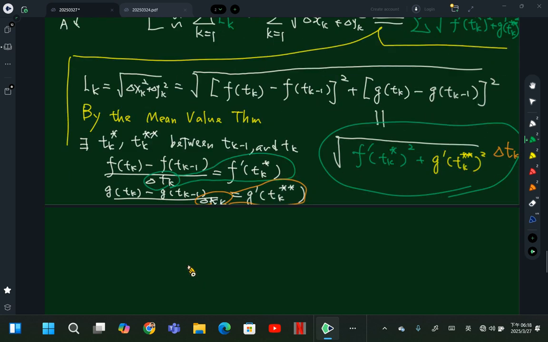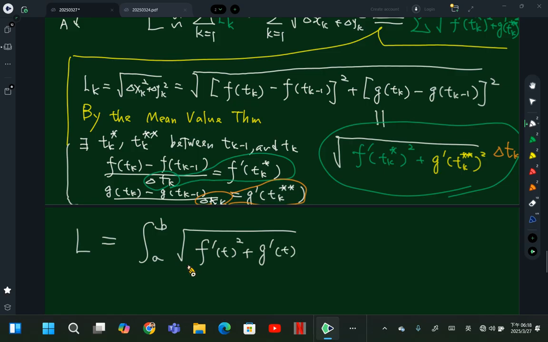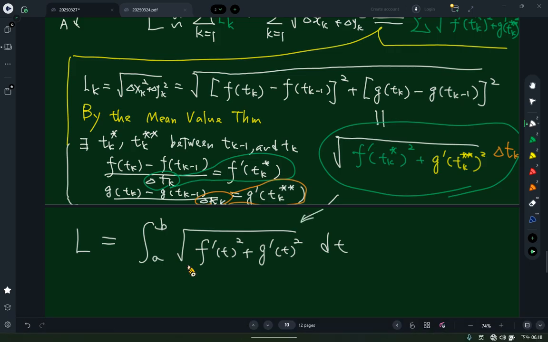So finally, with this support, L can be the integral from a to b of the square root of f prime t squared plus g prime t squared dt. As the norm of P is approaching 0 or n is approaching infinity, then finally we can have the result.